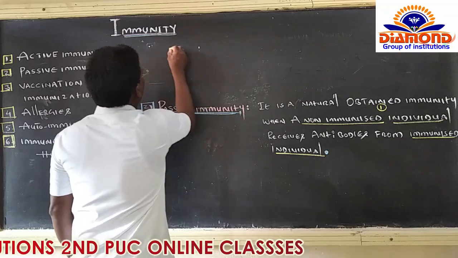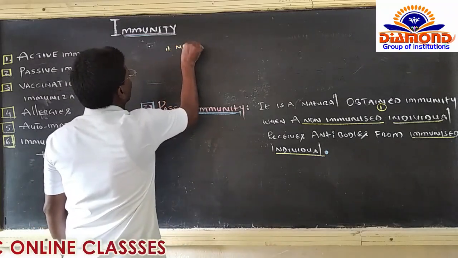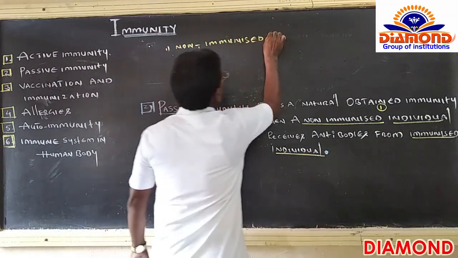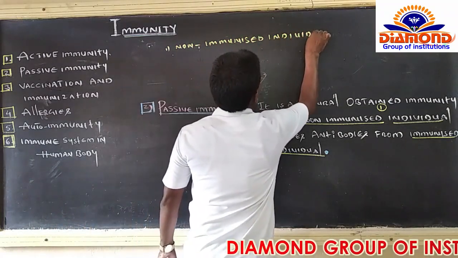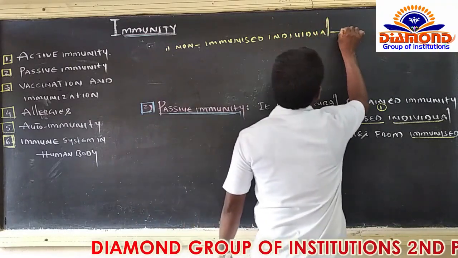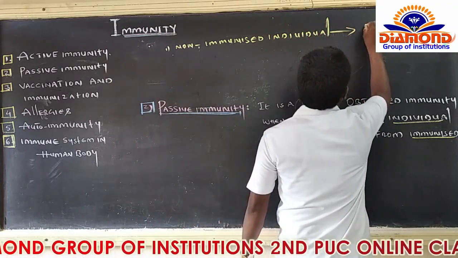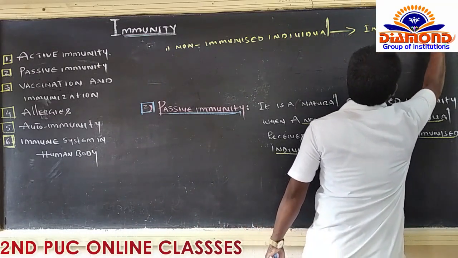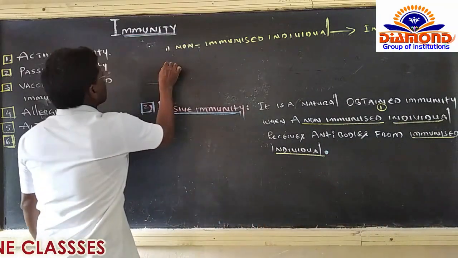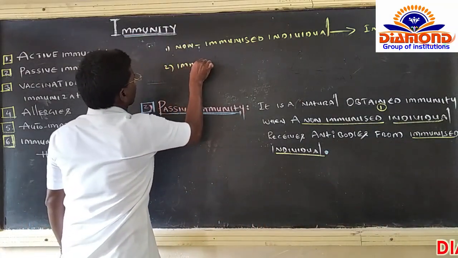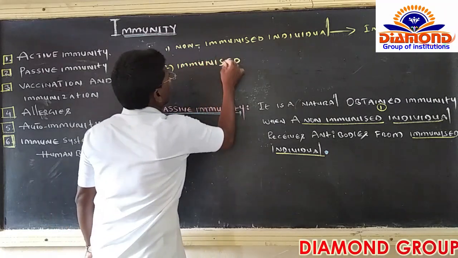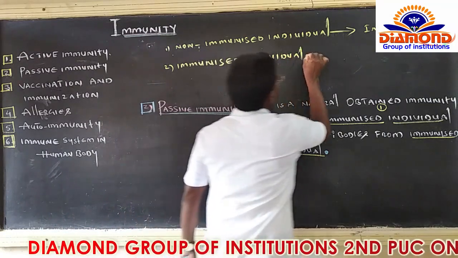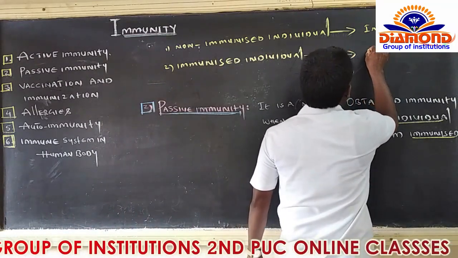Number one, non-immunized individual. Non-immunized individual means what? Baby, infant. Number two is immunized individual. Immunized individual means mother.